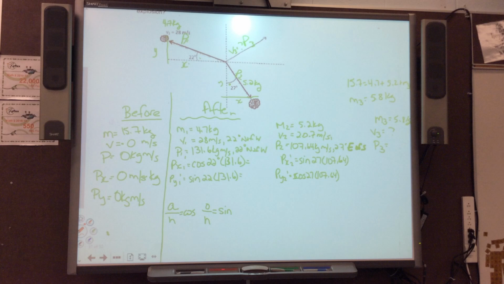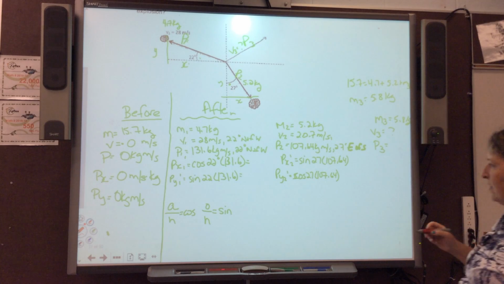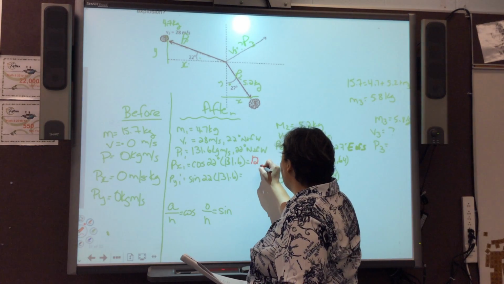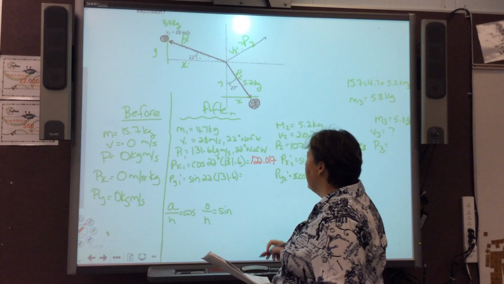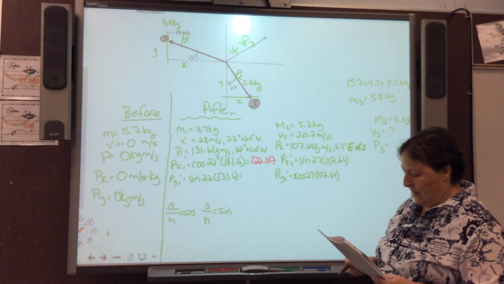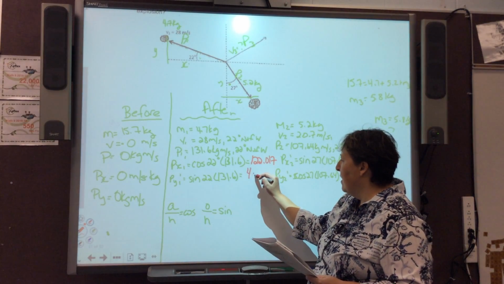We're almost done. What did you guys get for values? PX1 is 122.017. PY1 is 49.298.